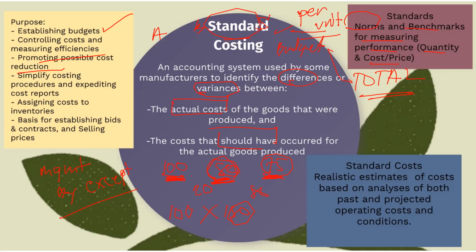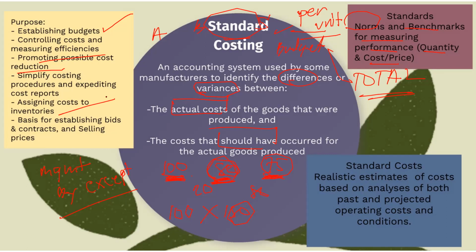Okay? Next, you try to simplify cost in standard costing. Okay? You try to simplify such that you establish predetermined cost already. When you say predetermined, that's your supposed cost already. Or that's your should-be cost for the period. And you expedite that on your cost reports. You also use standard costing in simplifying, okay, assigning cost to inventories as well.